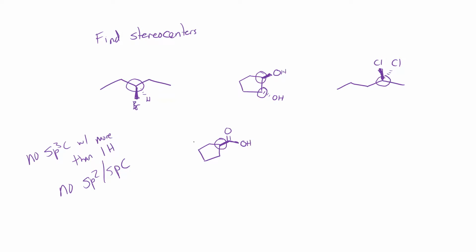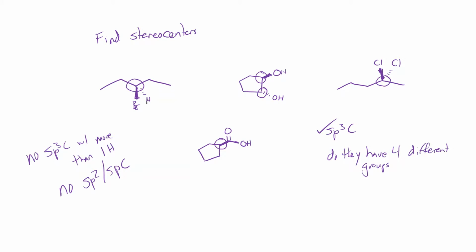1, 2, 3, 4, 5 choices on these 4 molecules where stereocenters might exist. Now all of these are sp3 carbons, so we can check that off. The second thing we have to check is, do they have 4 different groups attached? Thankfully we don't have to go through every carbon, we can just go through the ones that are circled.